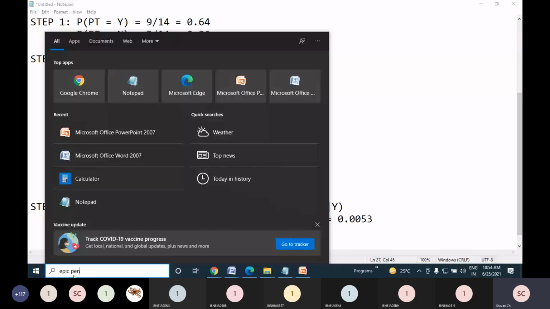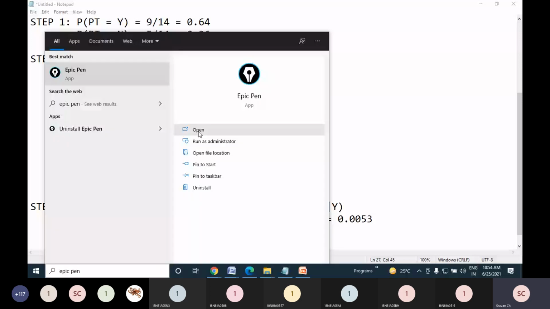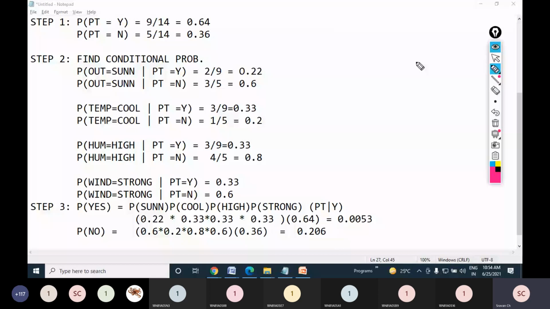In normalization, what are the two values I got in step 3? Probability of yes is 0.0053, and this is 0.206. So what I need to do is I need to normalize these values. So how do I normalize?